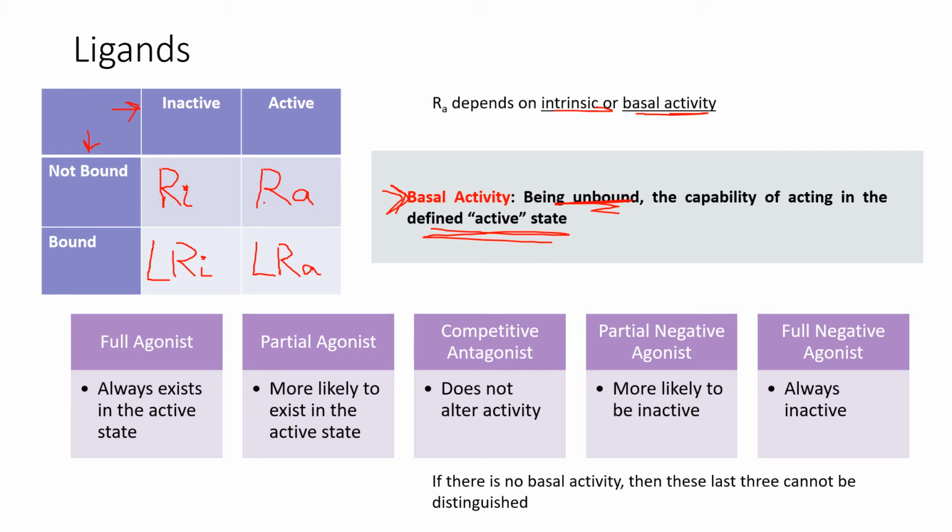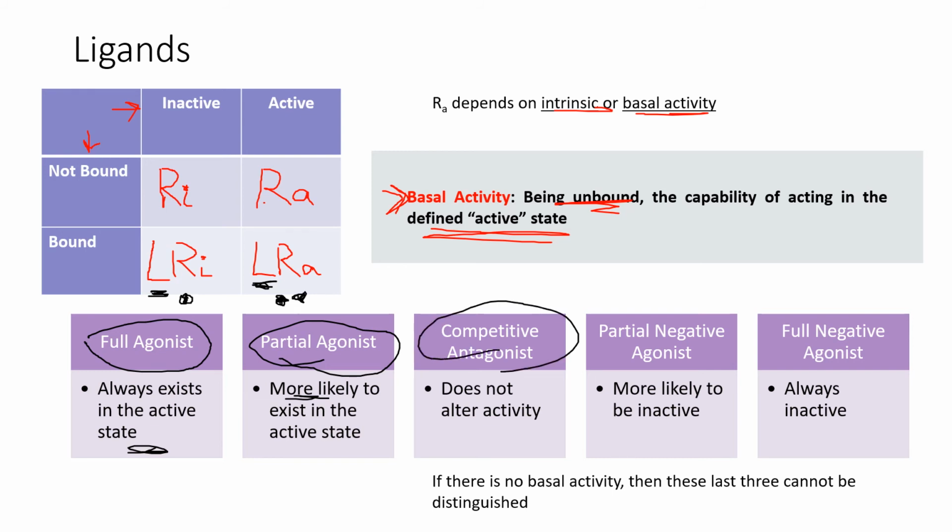When I talk about these ligands that are bound to receptors, there are 5 different behaviors they can take. You have a full agonist, where after it binds, it is always in its active state. A partial agonist is more likely to exist in the active state, but some of them are still going to be in the inactive state after binding to a receptor.